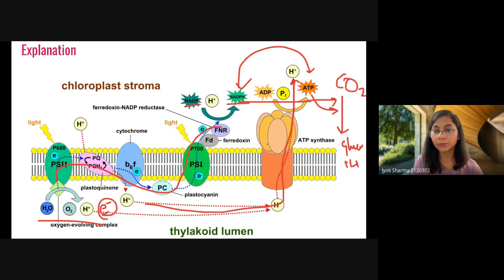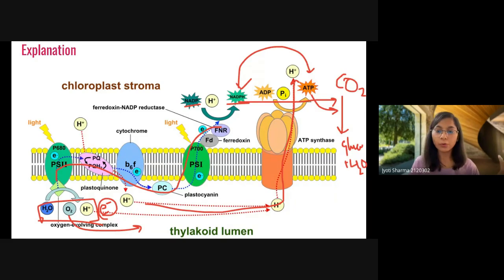So this is how plants can synthesize their own food, because we are generating energy whenever there is a splitting of water. So this water is the electron donor, right? This water is the electron donor, and this O2 is just the side product of the splitting of water.